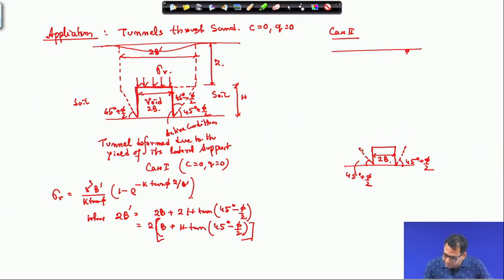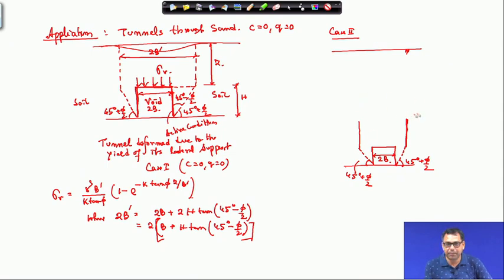Because of that there will be a stationary soil mass above the tunnel, but as the depth is very large, this deformation effect will not reach the ground surface.